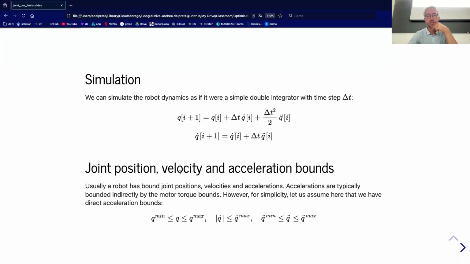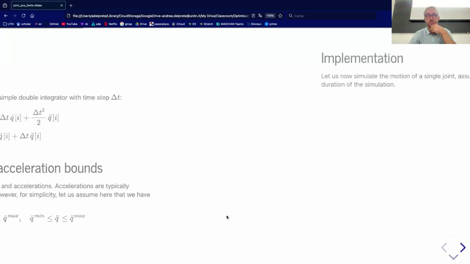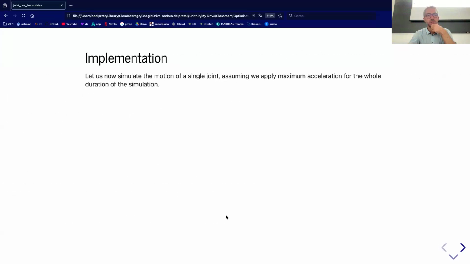And I'm going to assume that the robot has some joint bounds, q min and q max, and some acceleration bounds, q double dot min and q double dot max. You could also have joint velocity bounds, but for these examples they don't matter, so I'm going to neglect them in the implementation. I'm going to simulate a single joint because it's enough to show you the problem.